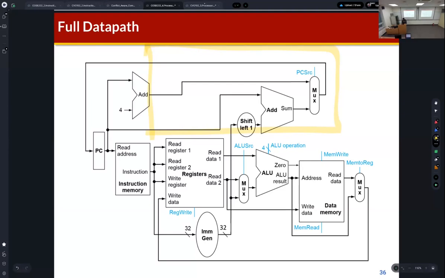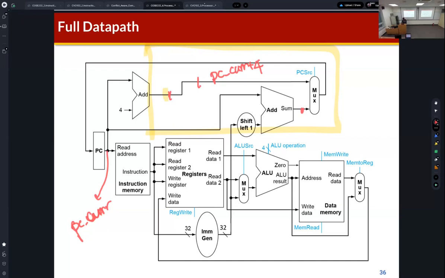Actually, we already learned PC plus 4. So this is the PC curr, the current PC, and this is PC curr plus 4. Then what is this value?